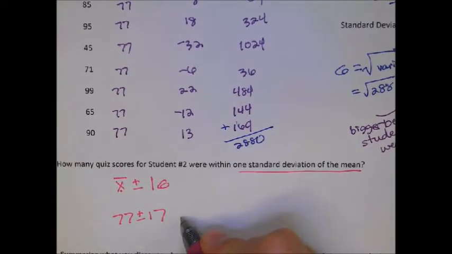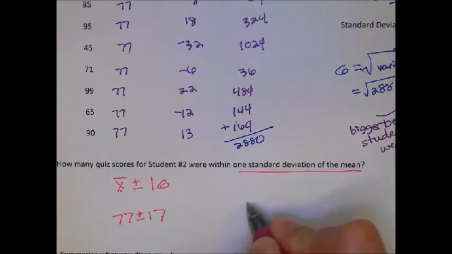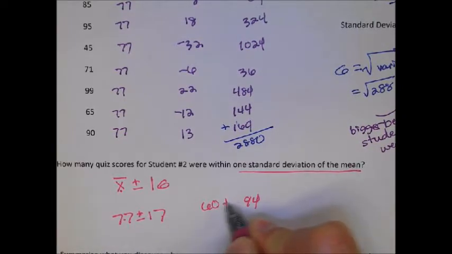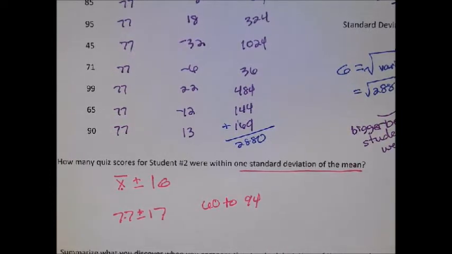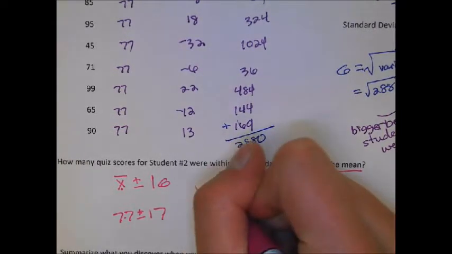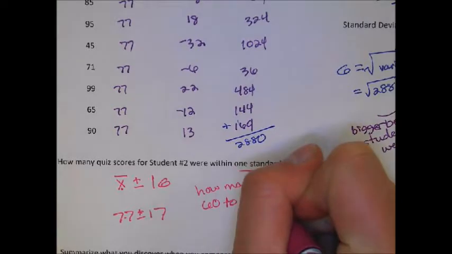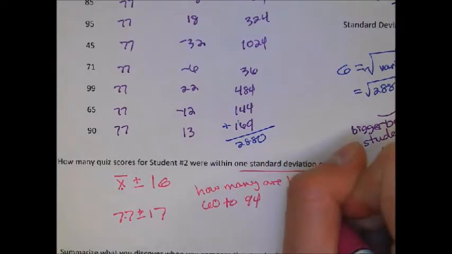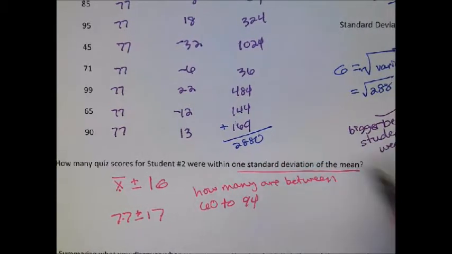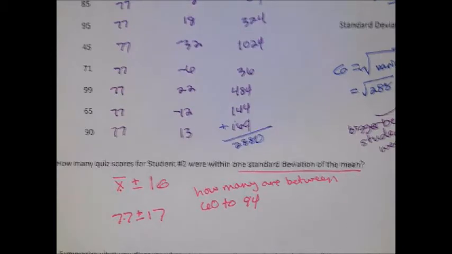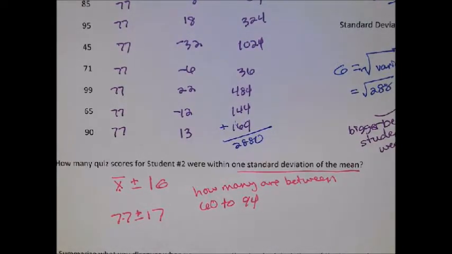So we're looking for 77 plus 17 is 94. 77 minus 17 is 60. So how many are between 60 and 94? And there should be 6 of them.